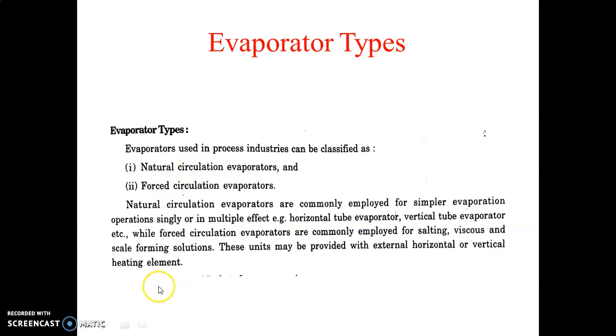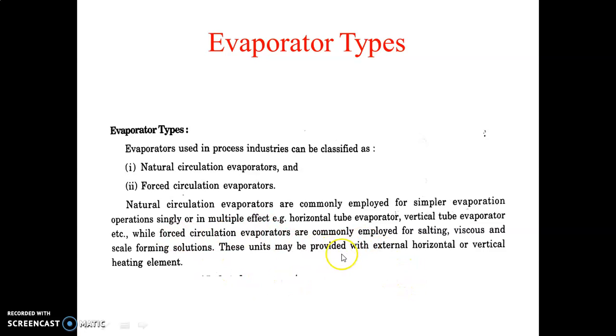And in the case of the forced circulation evaporator, these are used for salting. That means some solutions have salt, or are viscous, or form scale. Okay, that means it contains some water which may be hard or contains some salt or is sometimes viscous. For that purpose, we have to use the forced circulation evaporator.